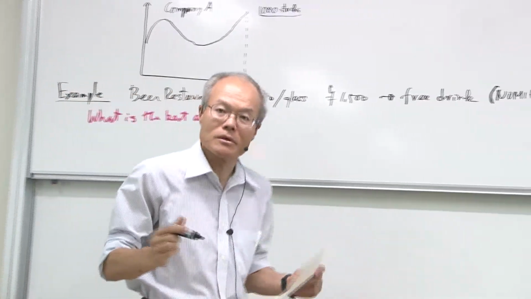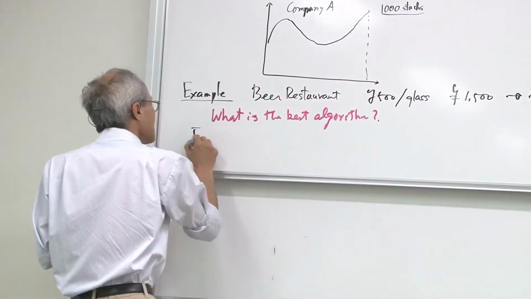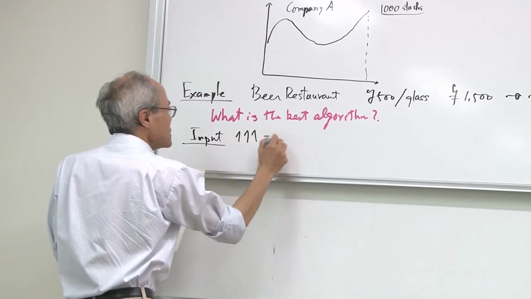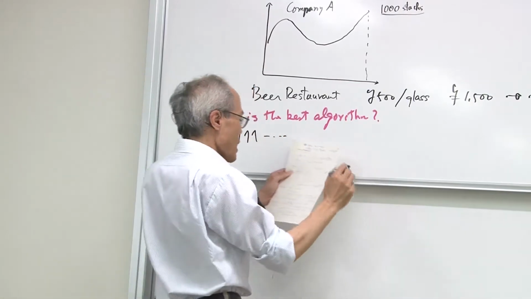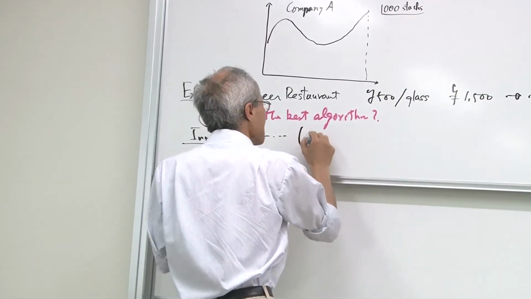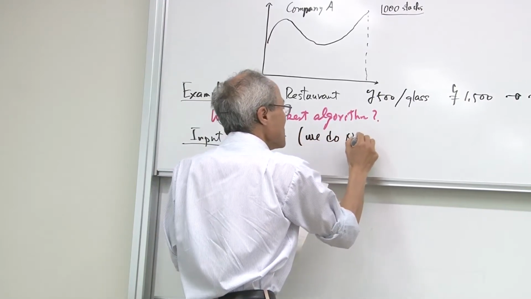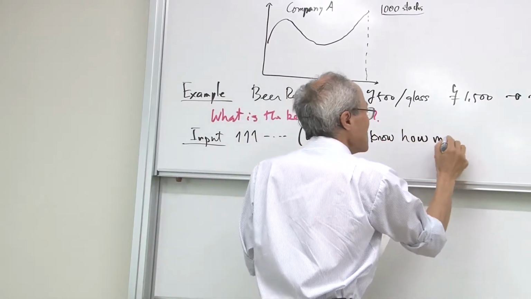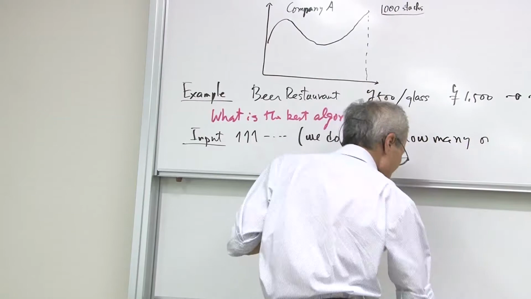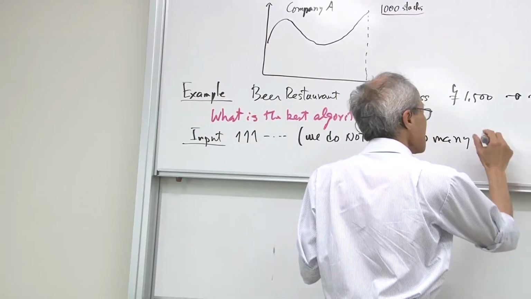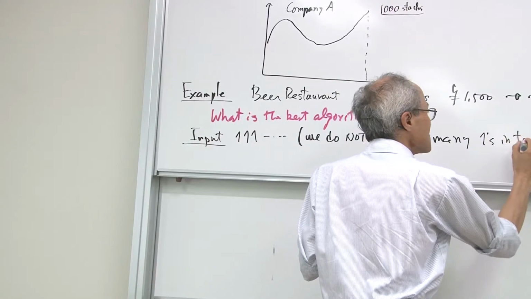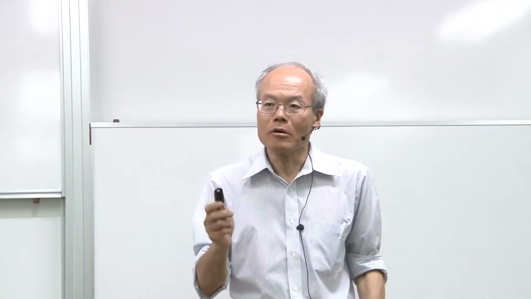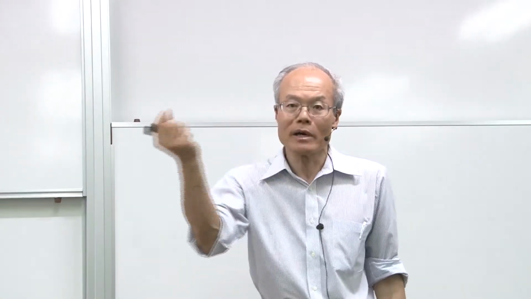So this is a formal description of our problem. Input is a sequence of ones. But we don't know how many ones. I do know input is a sequence of ones.